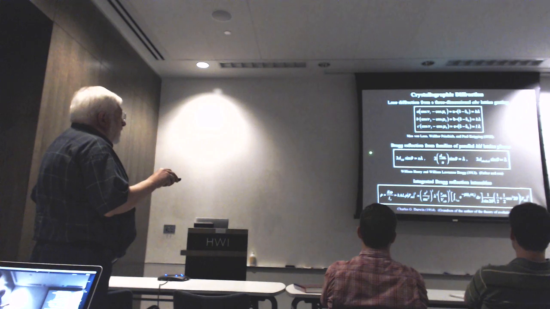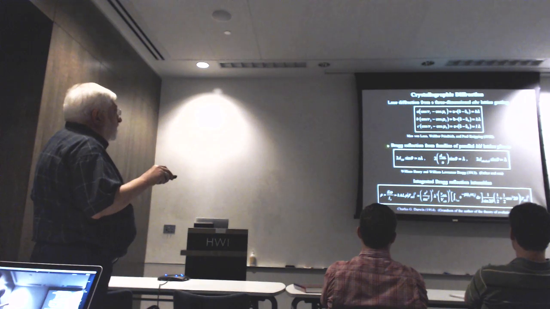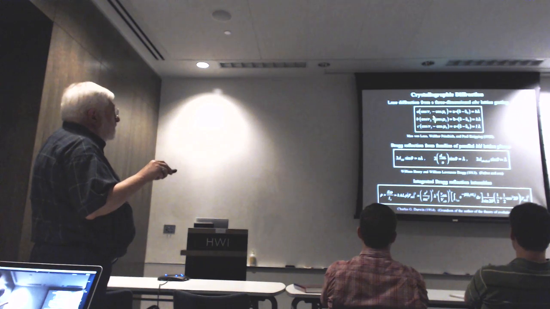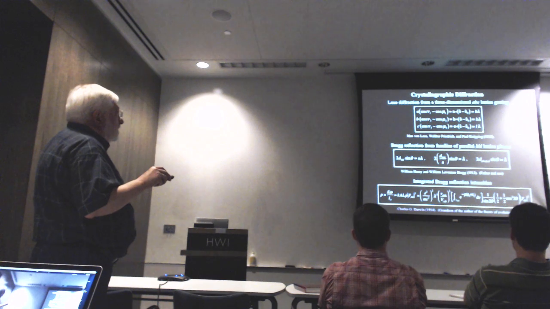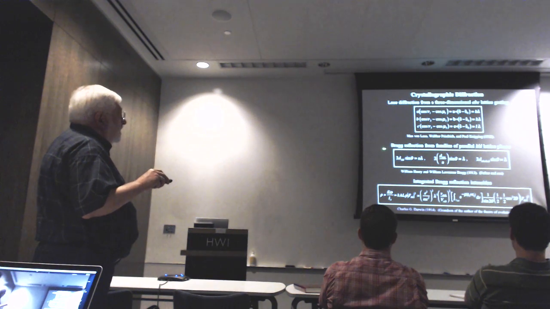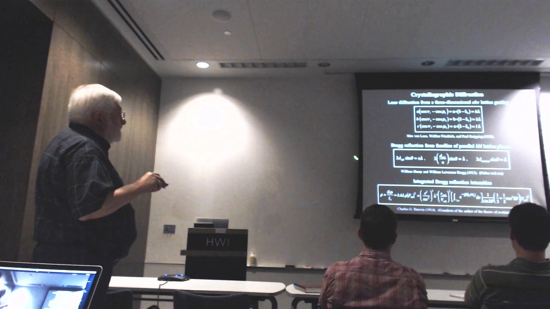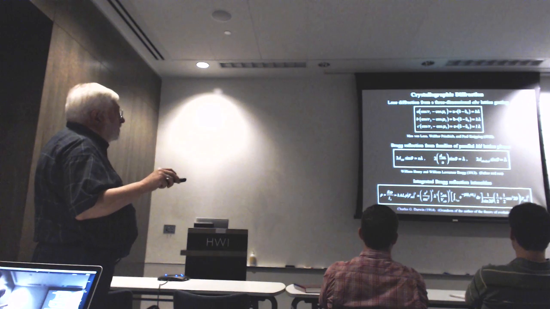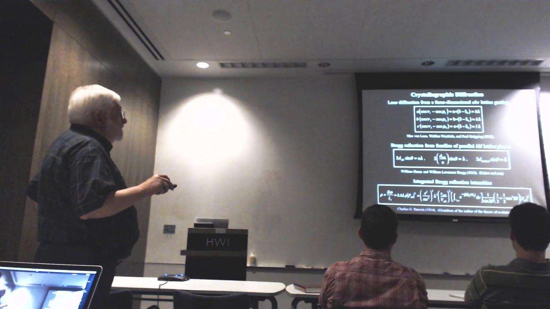So Bragg realized that we don't have to consider these three different directions in the crystal. We can consider that the scattering of X-rays is like a mirror-like reflection off these lattice planes.